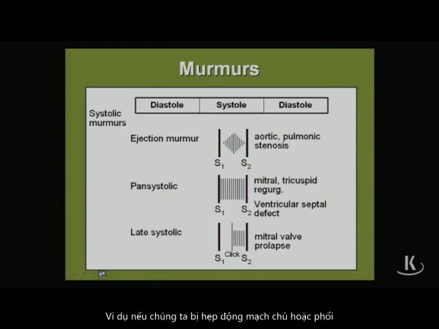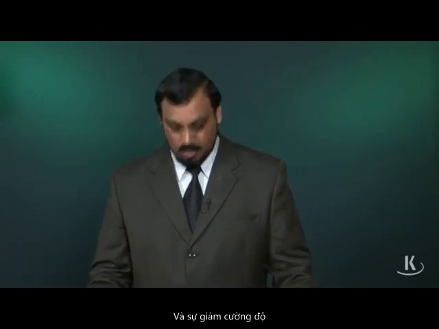For example, if we have aortic or pulmonary stenosis, stenosis of the aortic valve or pulmonary valve, we can have an ejection murmur, which will occur during systole. This murmur is often described as being crescendic and decrescendic, an increase in intensity and a decrease in intensity.